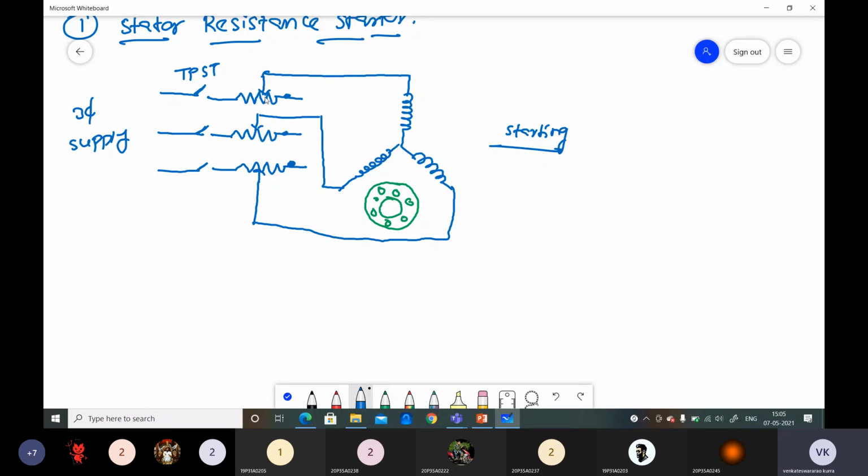Then there will be more voltage drop across the winding, and the supply voltage to the stator winding is reduced. If the supply voltage to the stator winding is reduced, then current will decrease. The starting current will be decreased due to reduced supply voltage.